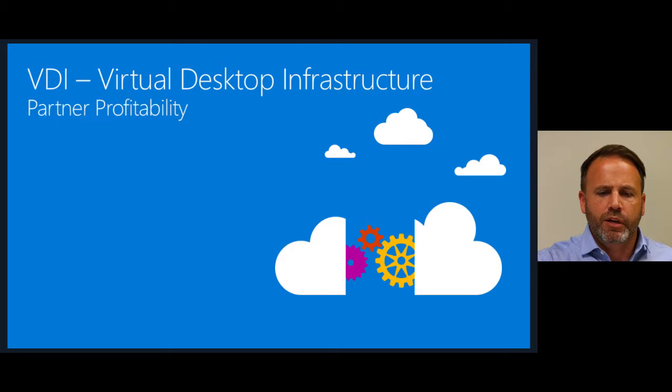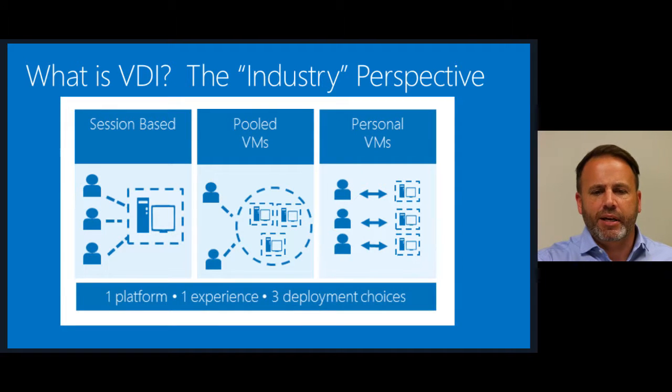So, what is VDI? It's virtual desktop infrastructure. It's really the ability to have a virtual desktop on demand for clients, and this is typically for much larger companies, right? Think about a desktop.